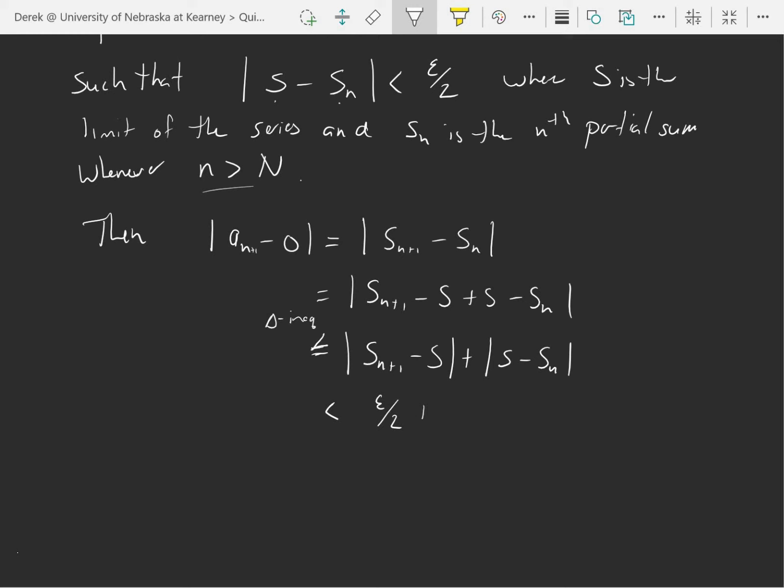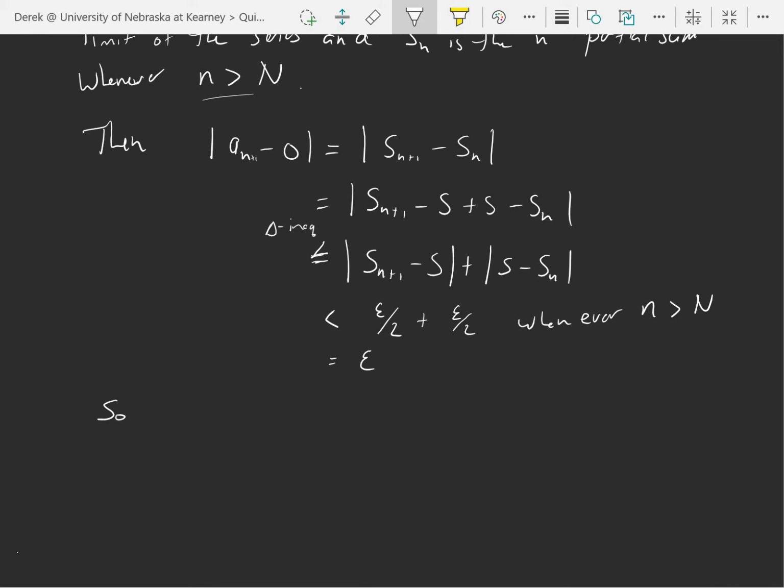And this is less than epsilon over 2 plus epsilon over 2 whenever n is bigger than capital N. And that's equal to epsilon. So the absolute value of a sub n plus 1 minus 0 is less than epsilon, i.e. a sub n goes to 0. And if a sub n plus 1 goes to 0, a sub n goes to 0.